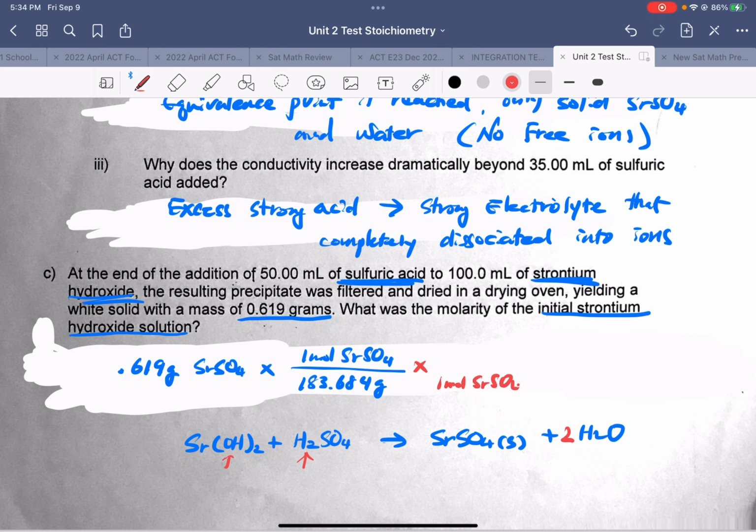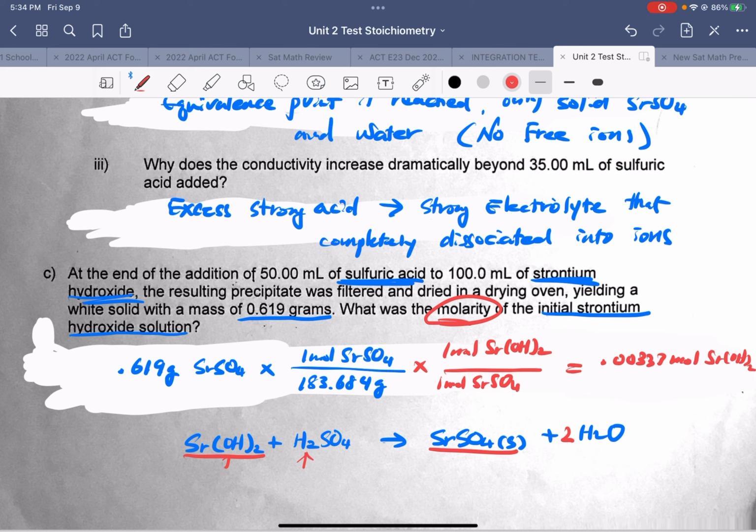Okay, so then you can say times 1 mole of SrSO4. Okay, now 1 mole of this to 1 mole of that strontium hydroxide. So 1 mole of Sr(OH)2. Then you multiply, and you're going to end up with 0.00337 mole of Sr(OH)2, right? But they ask you what is the molarity, not just the mole.